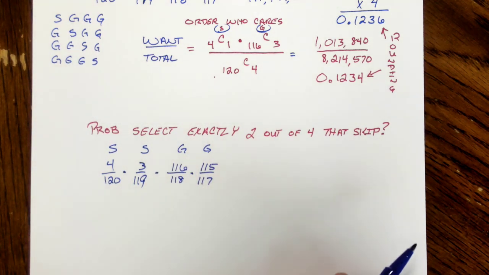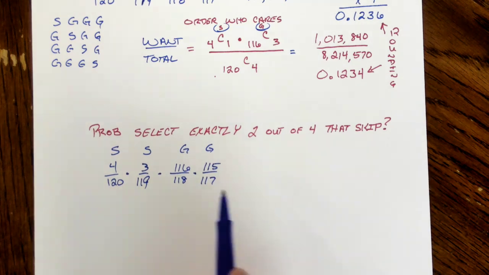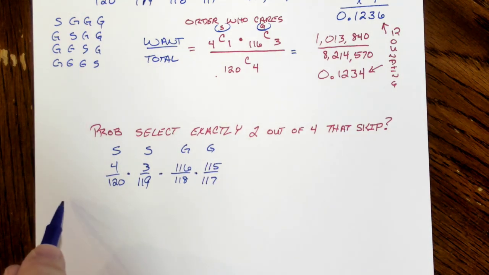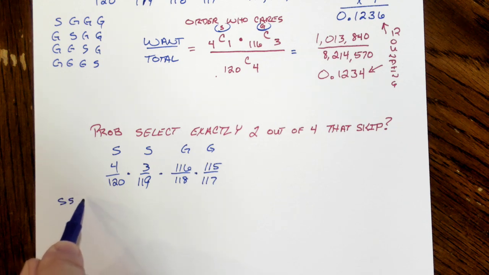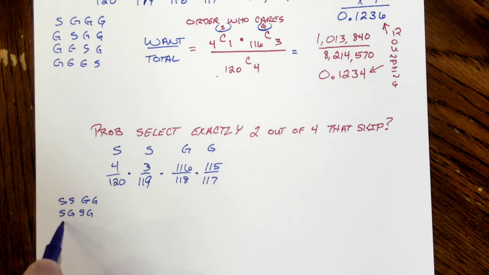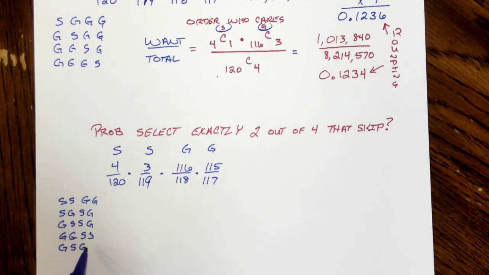Now, here's the problem. How many different ways can this happen? Well, skip, skip, good, good. Skip, good, skip, good. We could go good, skip, skip, good. We could go good, good, skip, skip. We could go good, skip, good, skip.